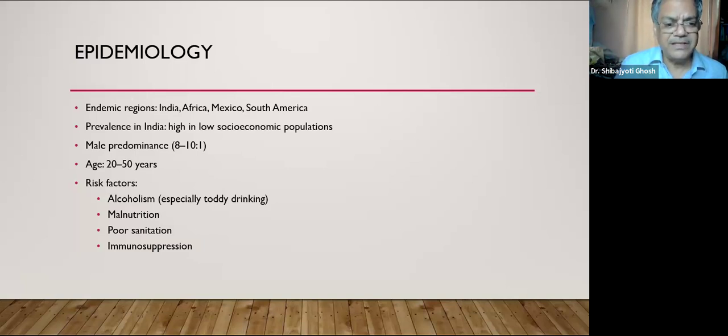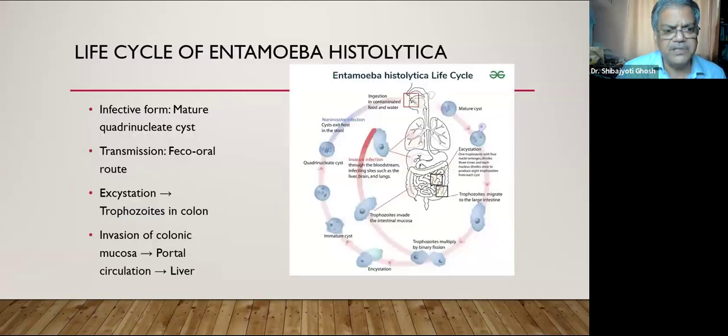Risk factors are the same as pyogenic liver abscess: alcoholism, malnutrition, poor sanitation, immunosuppression, diabetic patients, tubercular patients, or patients having other forms of immunosuppression are at risk for developing amoebic liver abscess.